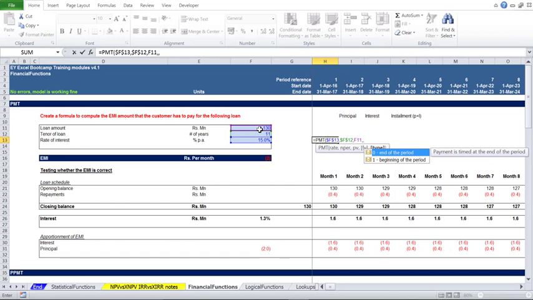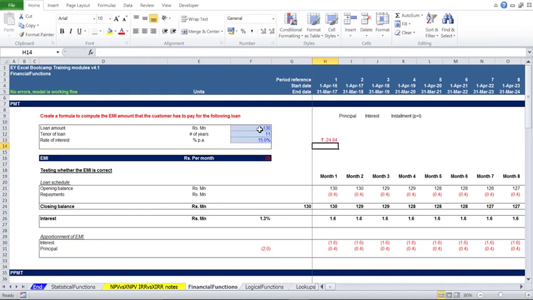By default, it is set to being repaid at the end of the period. So, this is the annual installment for 11 years to repay the loan of 130 million. This installment amount includes the interest as well as the principal amount.